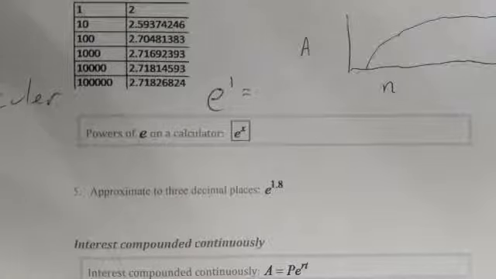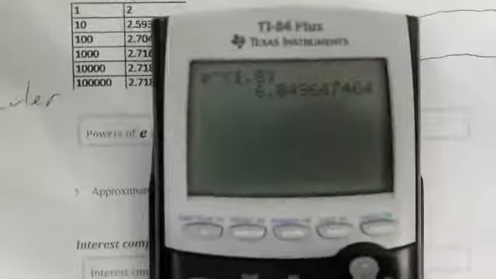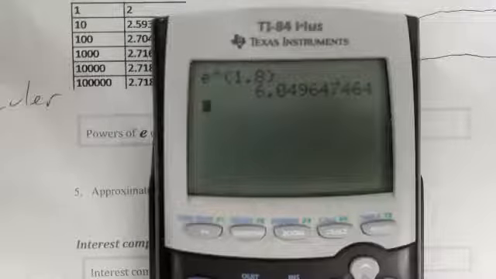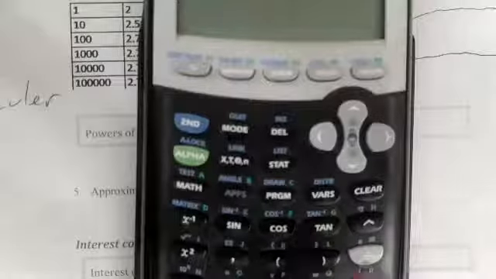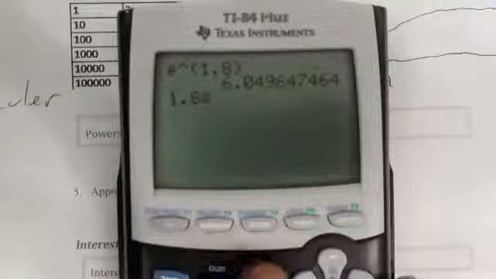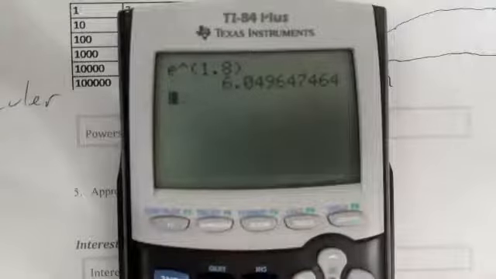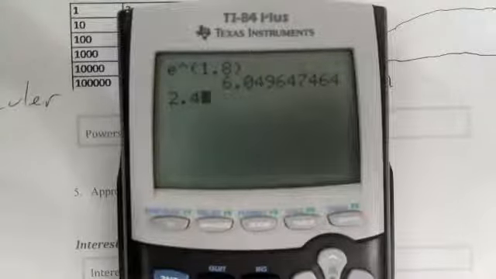With that said, I'm going to hit e and I'm going to hit 1.8. Again, I believe we've gone over scientific notation before, but don't confuse this with the uppercase E. Let's do some different numbers, like 2.4.